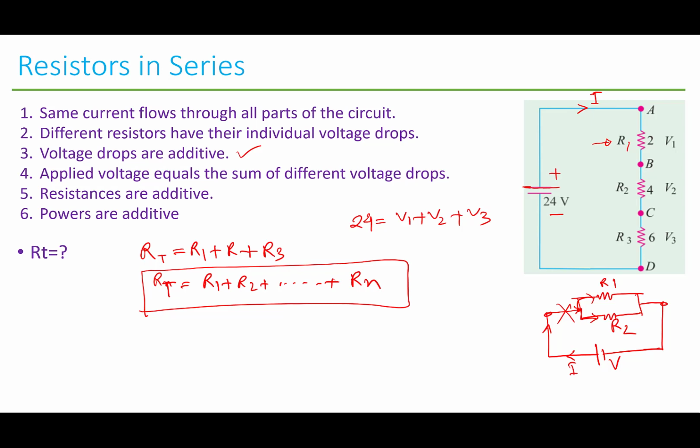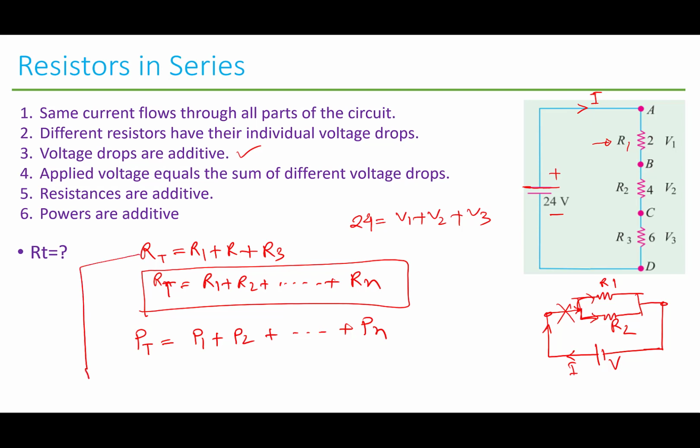Similarly, whenever resistors are connected in series, the powers are also additive. So if we think PT is the total power, it equals P1 plus P2 plus dot dot dot plus Pn.